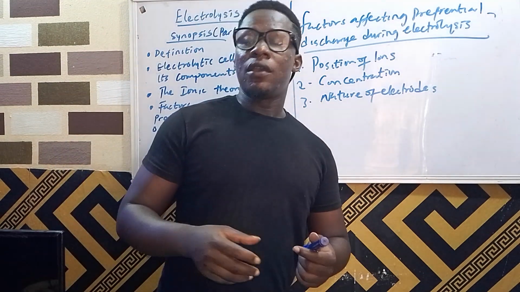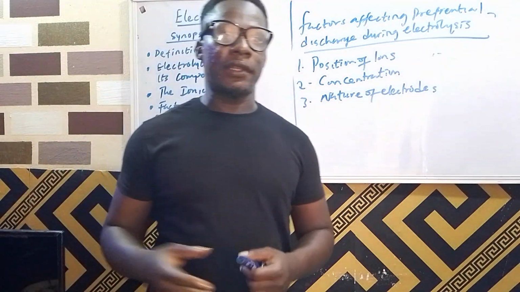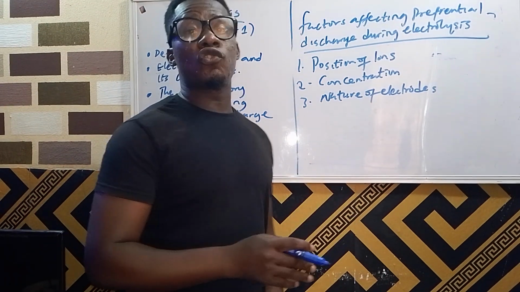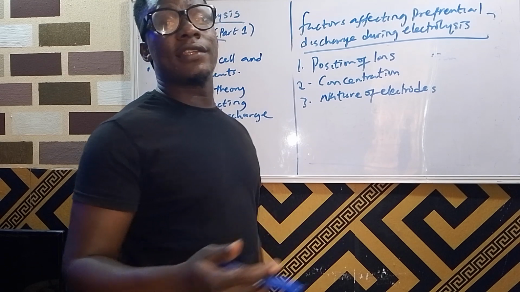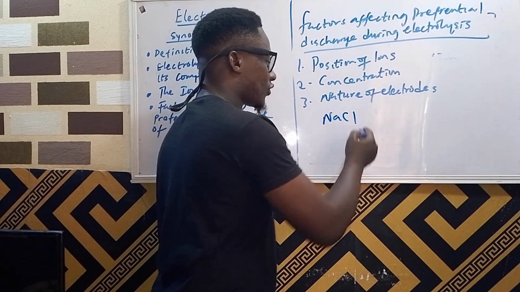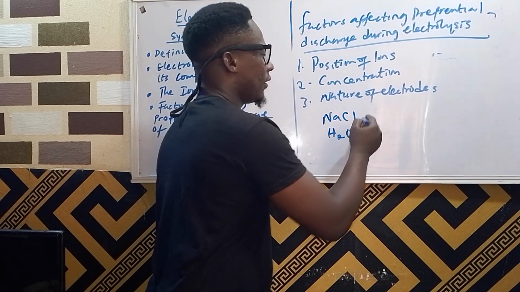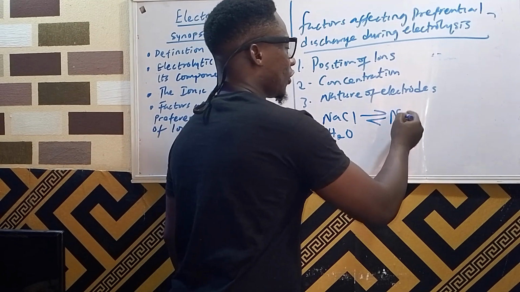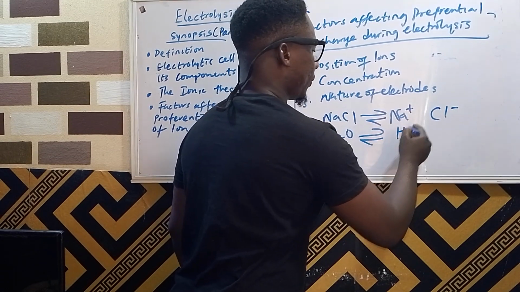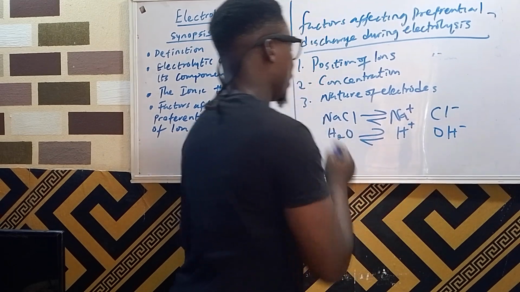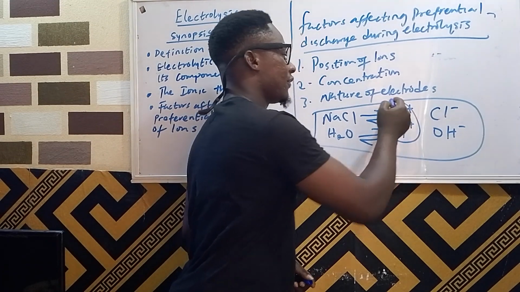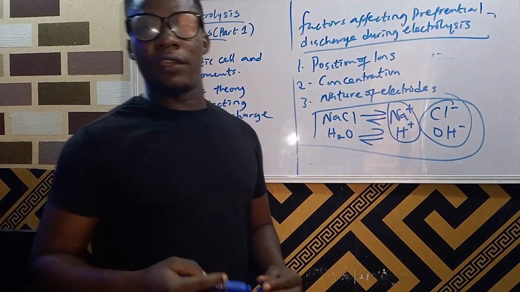In electrolysis, when an electrolytic reaction is happening, let's assume you have electrolysis of sodium hydroxide, for instance, or let's say dilute sodium chloride. So in electrolysis, you usually have the salt and then you usually have the water. In this case, the ionization is Na+, Cl-, and then you have H+, OH-. So in every electrolytic reaction, you have 2 positive ions and 2 negative ions.